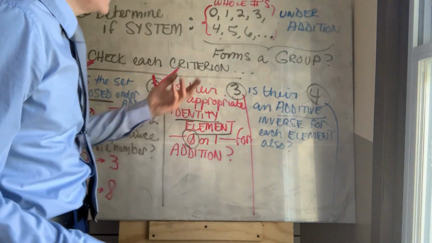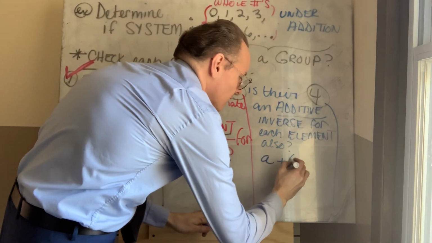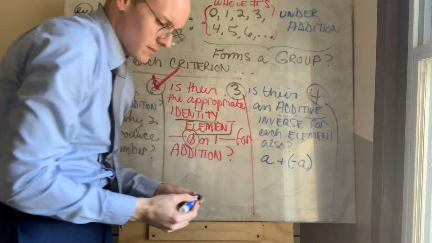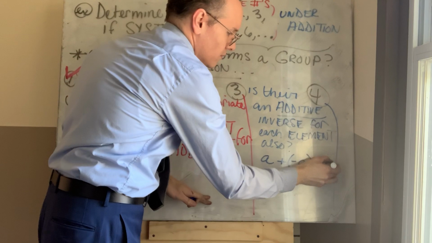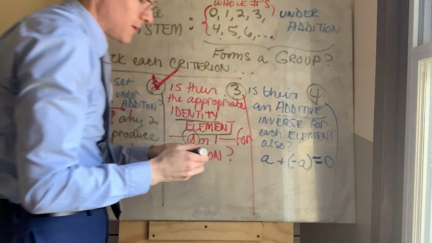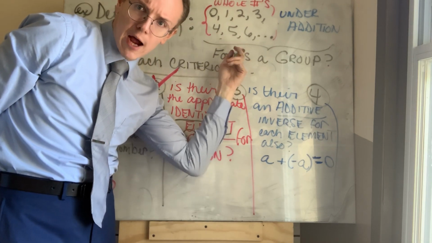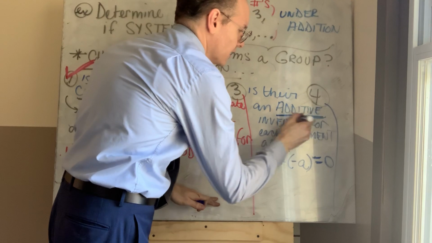Okay, now additive inverses, remember, are this situation, in which case they produce 0. But what does that imply? We would have to have negative numbers included in our set. This is basically asking, are there negatives?